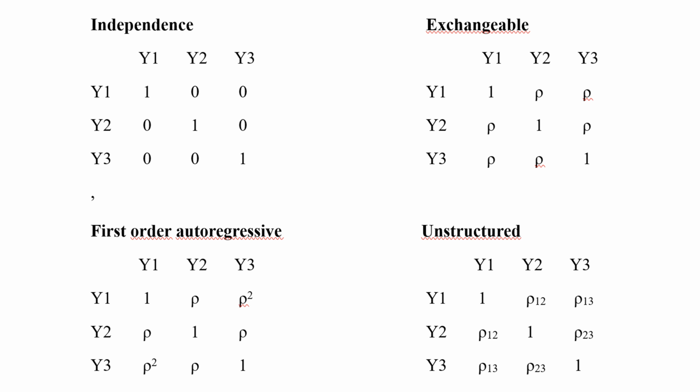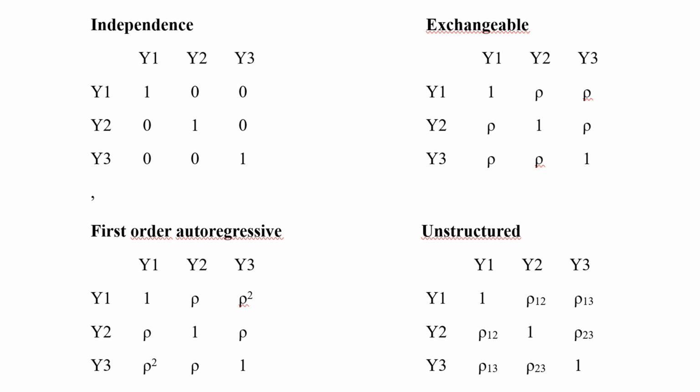The first order autoregressive structure assumes the correlations follow a classic autoregressive simplex pattern and is one that is often chosen for longitudinal panel models. See Chapter 16 in my book for detail. The most flexible structure is the unstructured pattern in which the correlations can take any pattern.